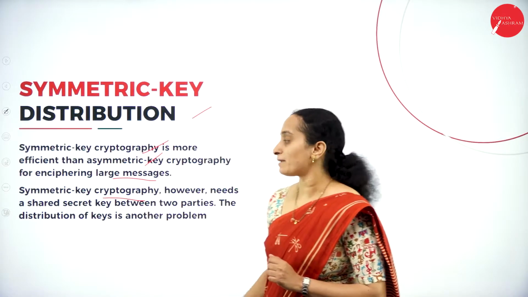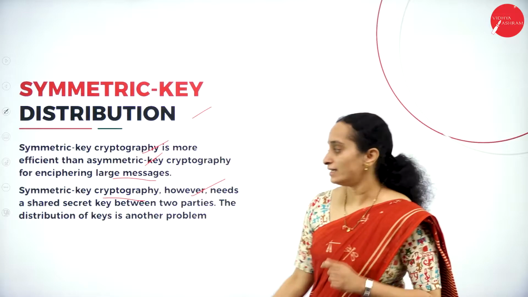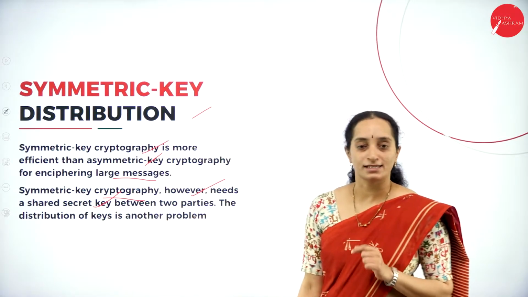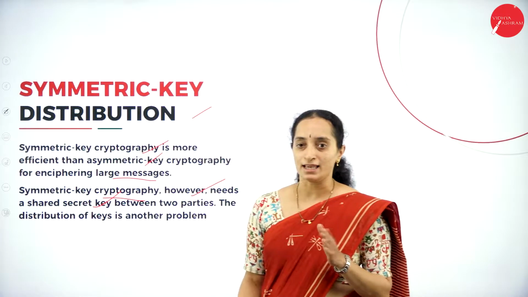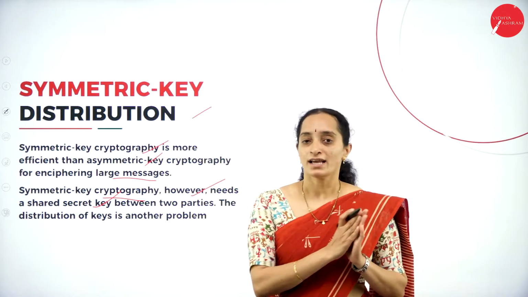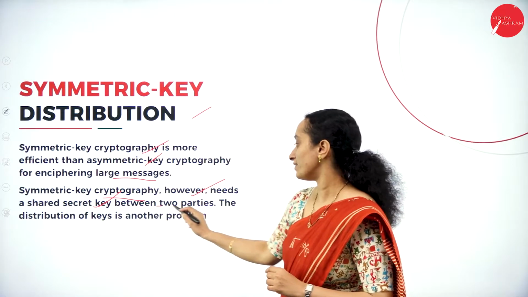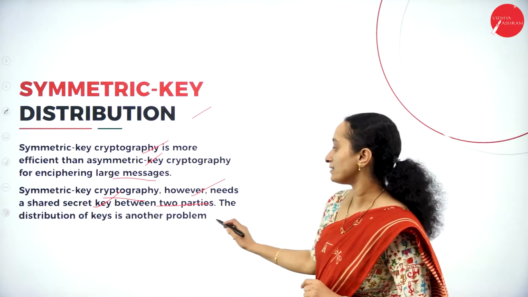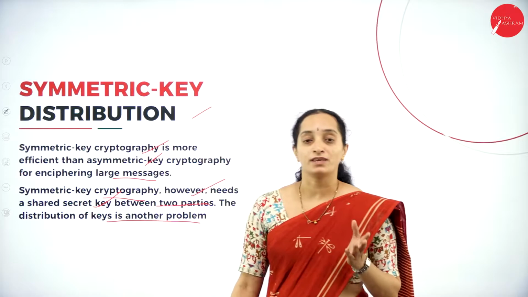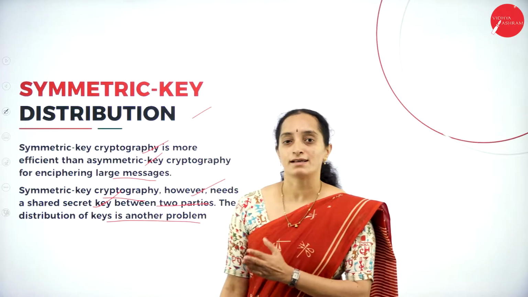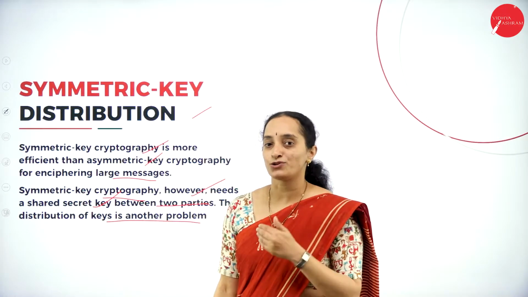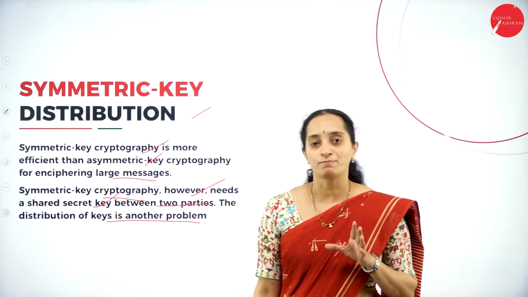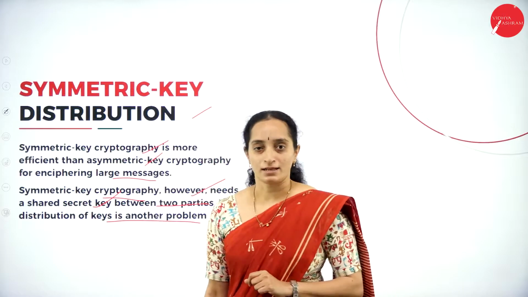The symmetric key cryptography, however, needs a shared secret key. As we know, symmetric key cryptography uses a single key which is shared between a sender and a receiver, between two parties. How do you make the key available to the receiver without attackers getting hold of it? That is the main problem in symmetric key cryptography.